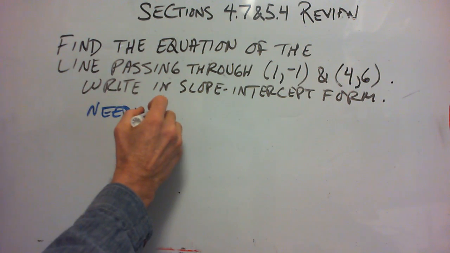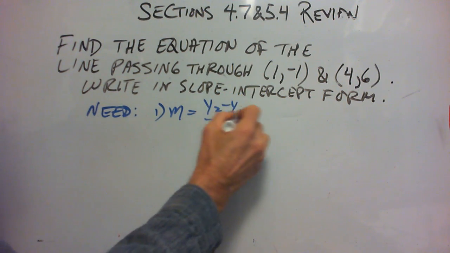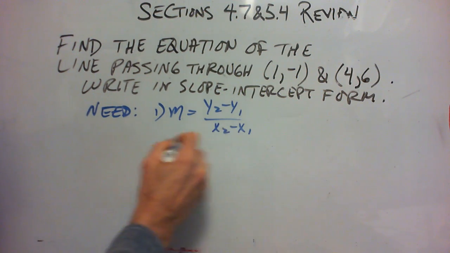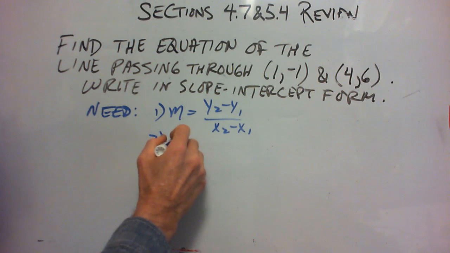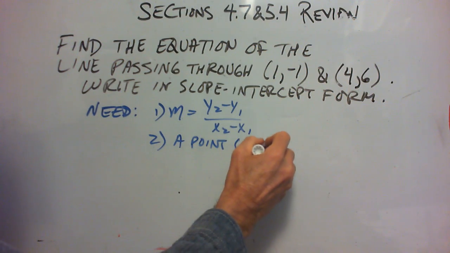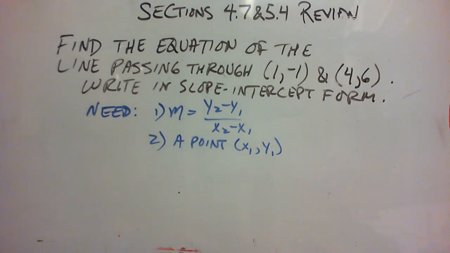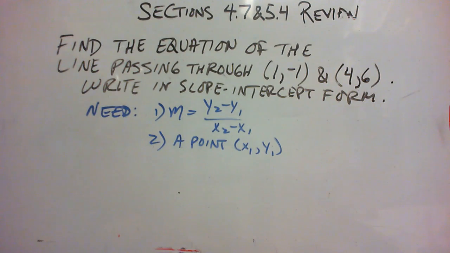You need, number 1, m, which is y2 minus y1 over x2 minus x1. And you need a point, x1, y1. Well, we have 2 points. You can choose either one as x1, y1.